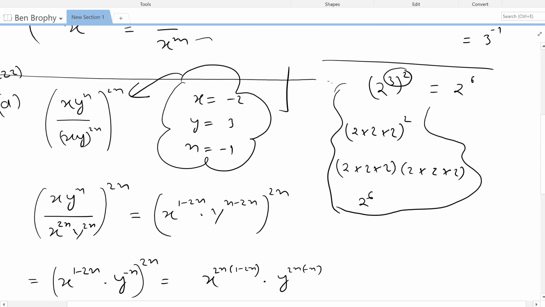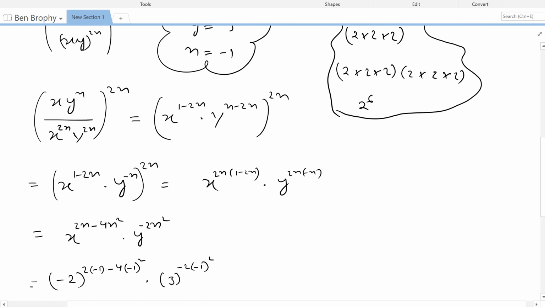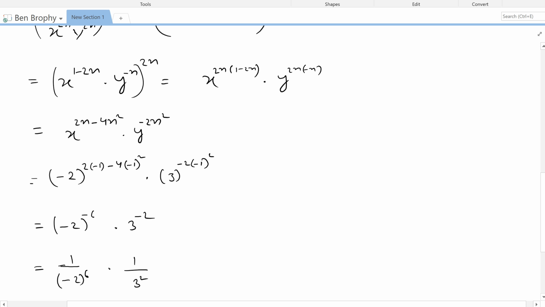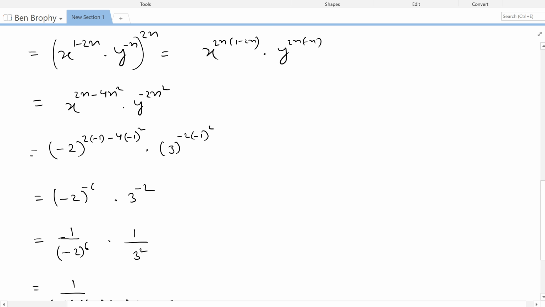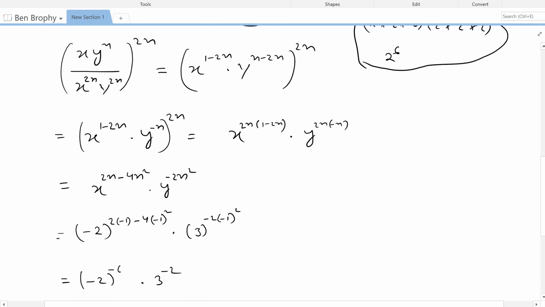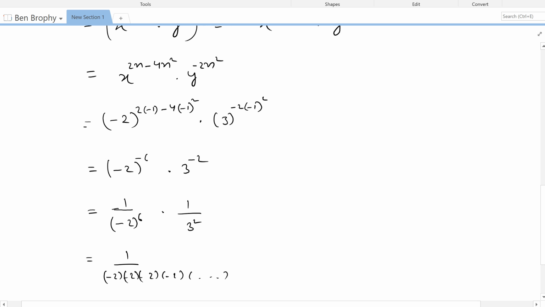If you do the substitution, it probably takes less time, but since we are learning those operations, show them that you know how to simplify things and then substitute. Because we are learning the exponent operations, right? So we have to know how to use them.